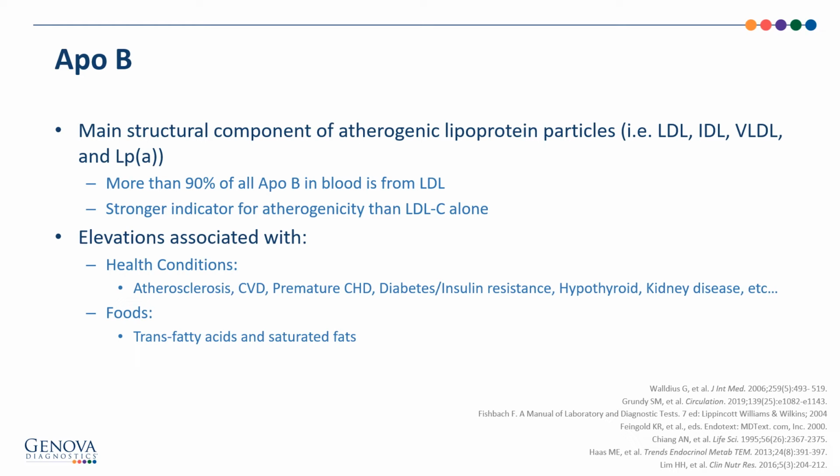Elevations are associated with atherosclerosis, cardiovascular disease, type 2 diabetes or insulin resistance, hypothyroidism, as well as certain medications like hormones. And foods that can contribute to an elevation in ApoB are trans fatty acids, as well as your saturated fats.